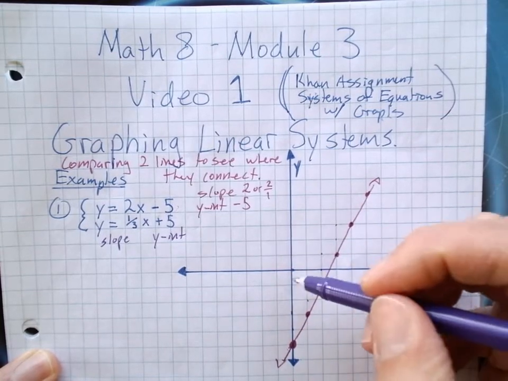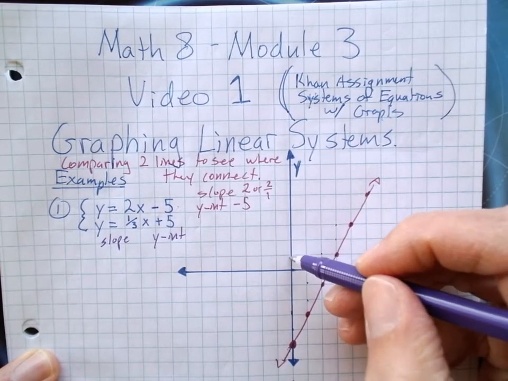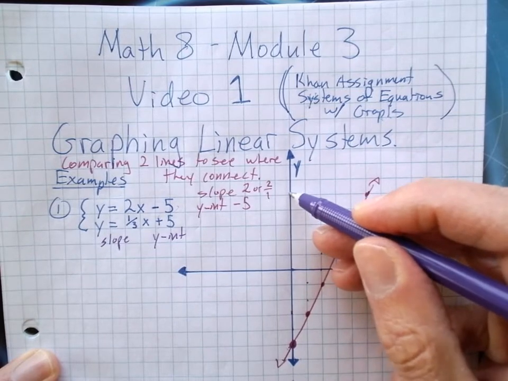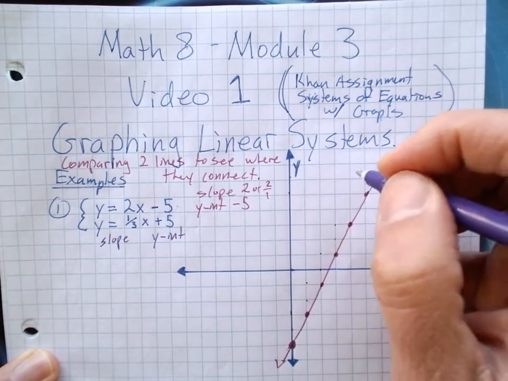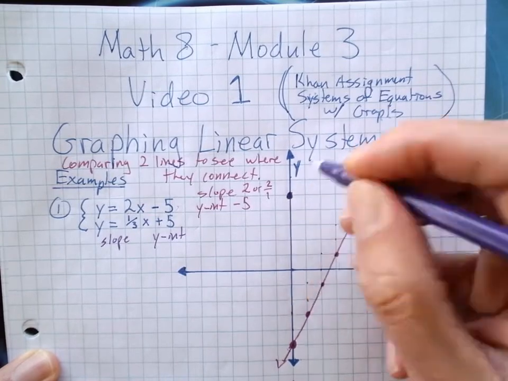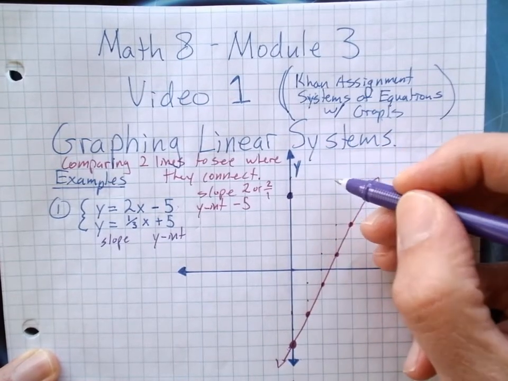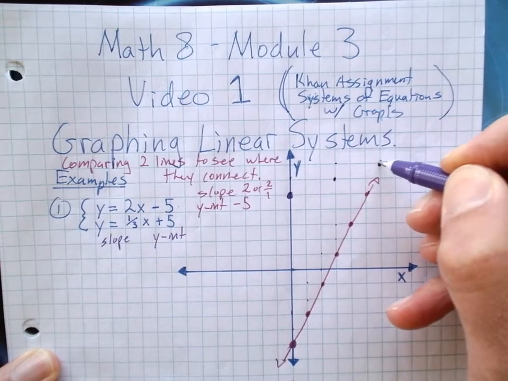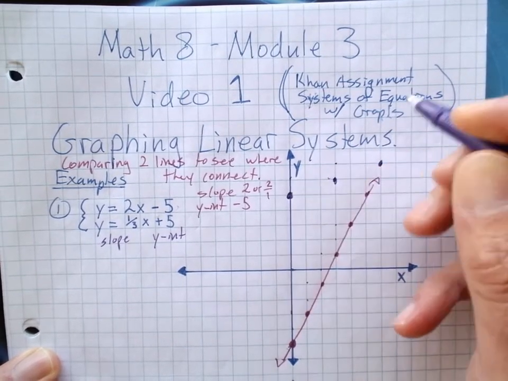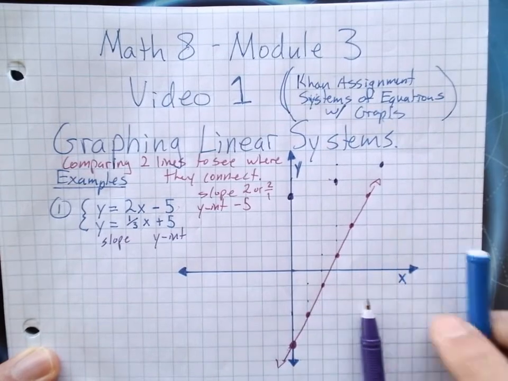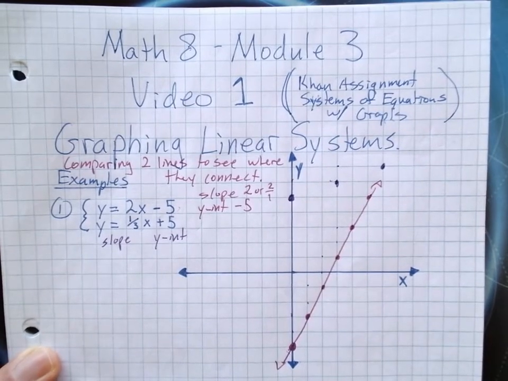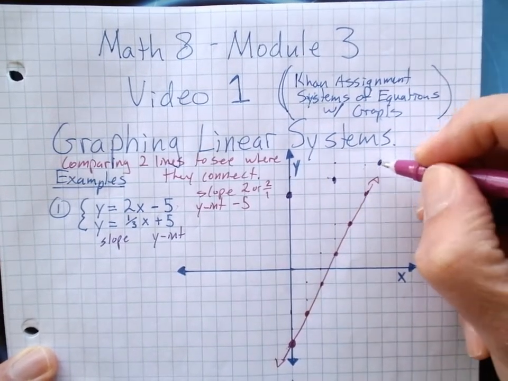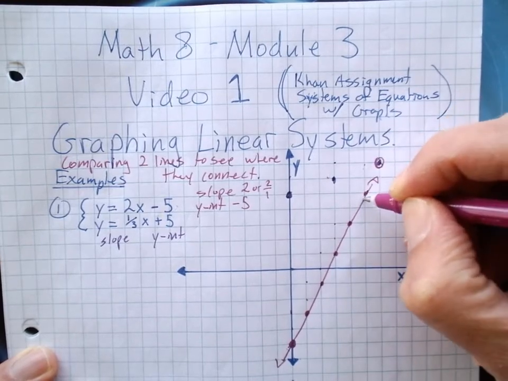Y-intercept of +5: 1, 2, 3, 4, 5. Right here. And I'm going to go up 1/3. Up 1/3. And look at this. If I continue this other line, because its slope is up 2/1, look at that. That's where they're going to connect.